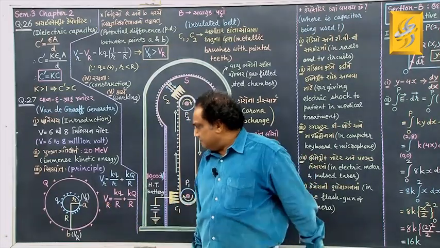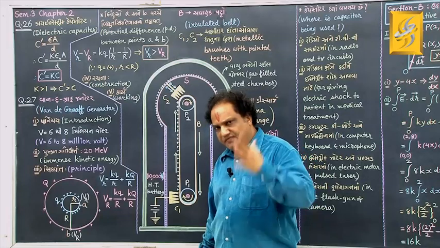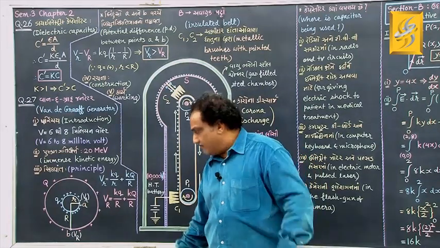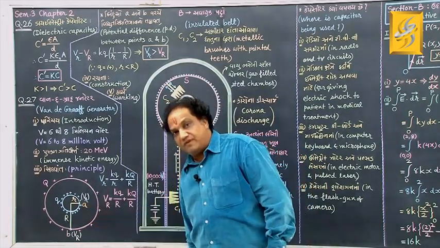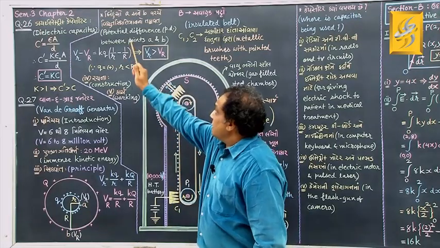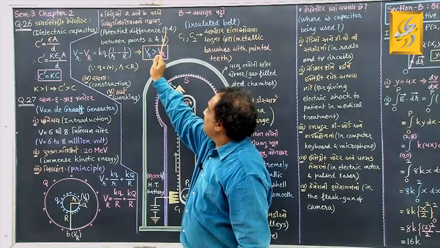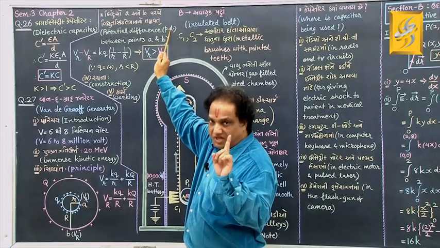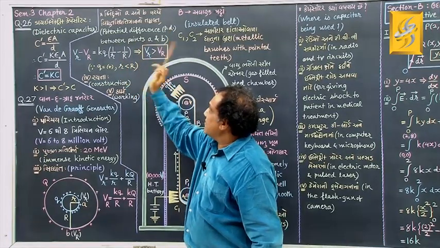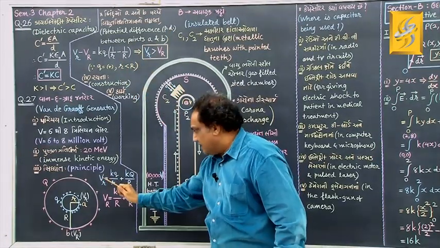Now let us find out the potential difference between points A and B. I am writing here PD, potential difference between points A and B. It will be this minus this.